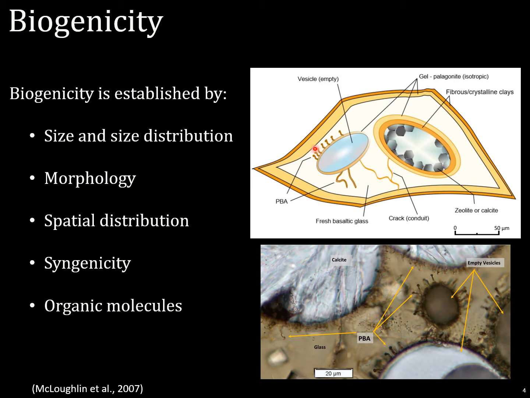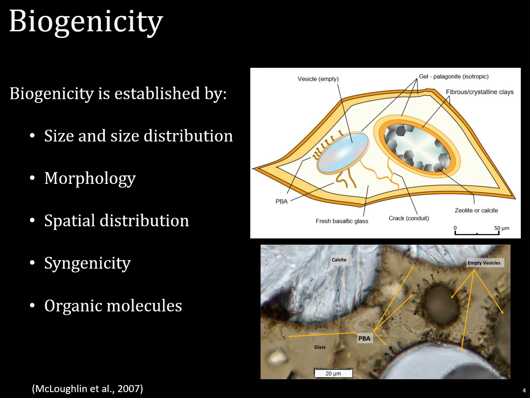So we established that these textures are biogenic or biogenically emplaced based on a few factors. Their size and size distribution, so they have to be the appropriate size to have been caused by the organisms that we suspect. So a couple micrometers in diameter, a few micrometers in diameter. The morphology should be fairly complex. We look for terminal enlargements. We look for bifurcation of the microtunnels.